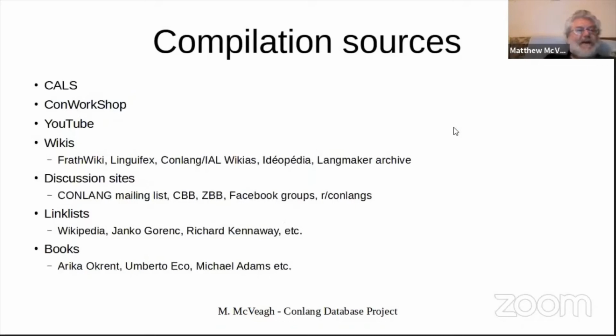So where are we going to compile the conlangs from? Well, this is a very much non-exhaustive list. These are just examples. Cal's already mentioned, ConWorkshop I already mentioned, YouTube. There are an awful lot of wikis, including wikis that are not in English. There's one in French. There are discussion sites of all kinds. I didn't put on, there's a Usenet one.